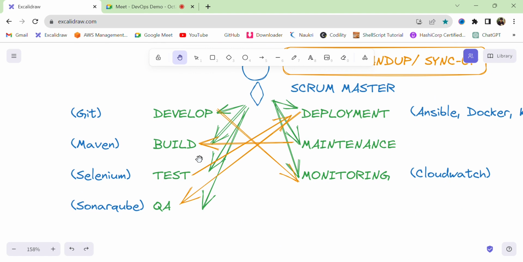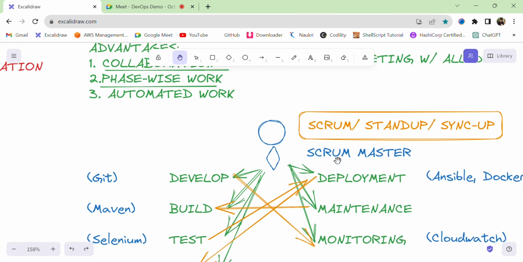Because most of the manual work was eliminated with the help of the tools, ultimately the time to deliver the software or the application reduced. So rather than delivering the application once in a year, they did more.